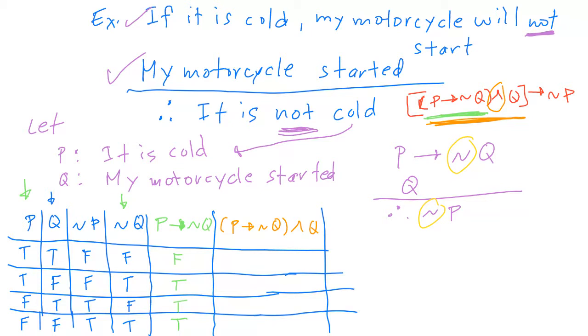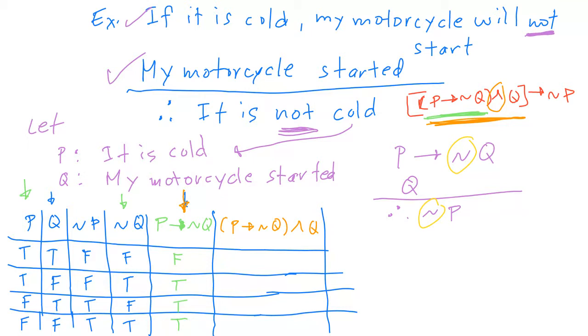Now you're looking at the fifth column, so let's mark that out with a different color, and Q, which is the second one.